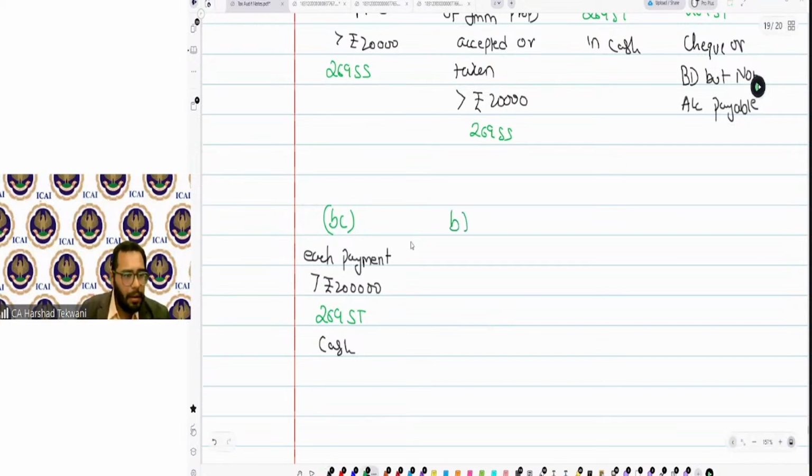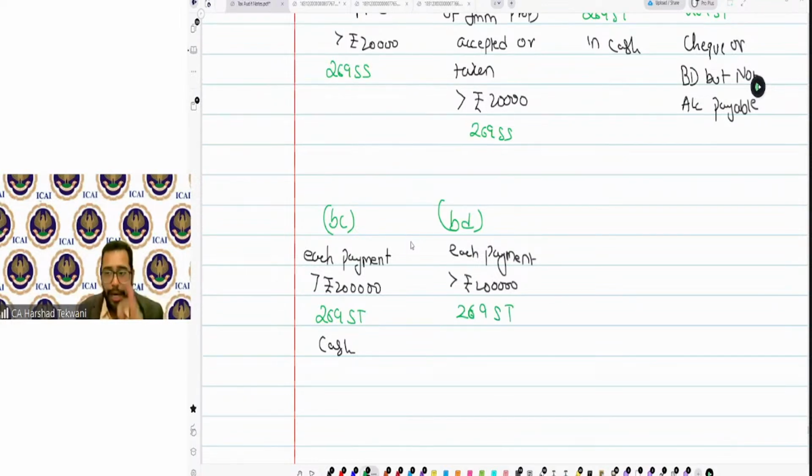Then comes BD, clause BD. Here we are required to provide details of each payment in excess of the limit of 269ST, which is 2 crore or more, or 2 lakh or more. So the limit is coming from 269ST. Only the limit is coming from 269ST.